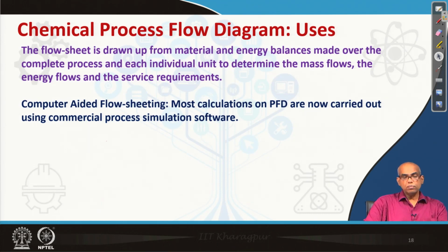So, what are the uses of process flow diagram? The process flow sheet is drawn up from material and energy balances made over the complete process and each individual unit to determine the mass flows, the energy flows and the service requirements. Computer aided flow sheeting is normally done these days. Most calculations for process flow diagrams are now carried out using commercial process simulation software.